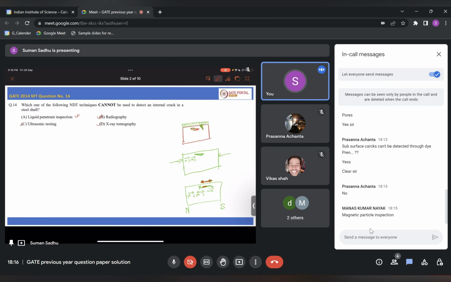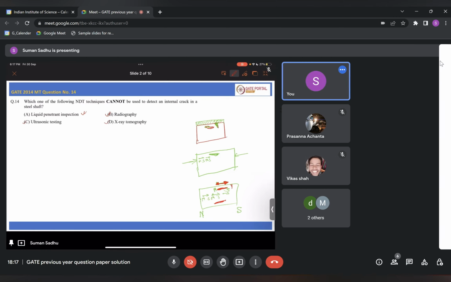Even if it is a subsurface region, there will be a little bit of magnetic field over that region also, so the particles will get aligned here. But if the crack is very deep inside, then the field may not be that strong, so it cannot give you the exact location of this internal crack, but it can give you the location of the subsurface crack or the surface crack. So these two you can identify from magnetic particle inspection.